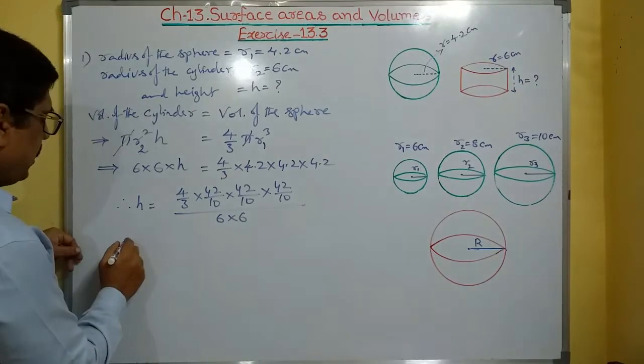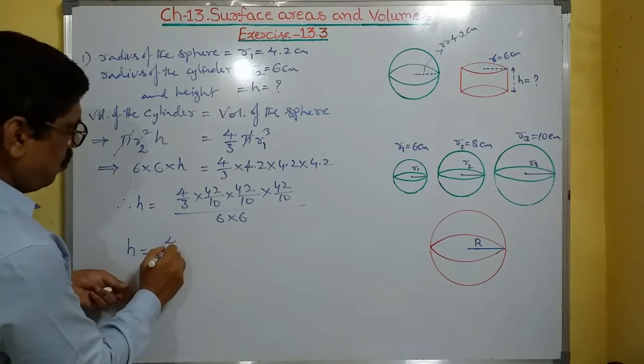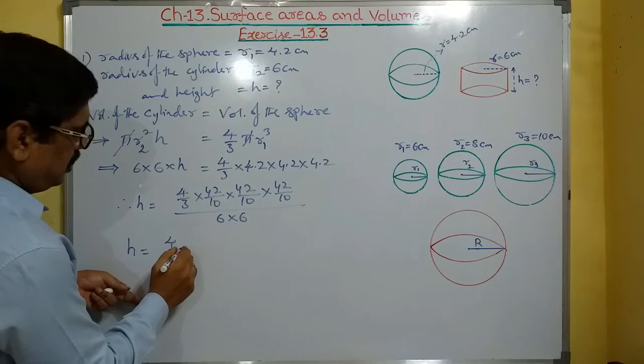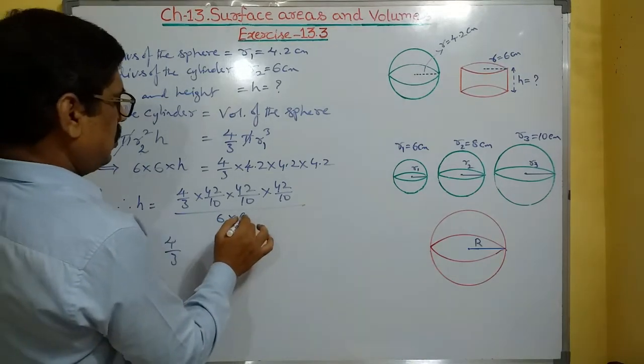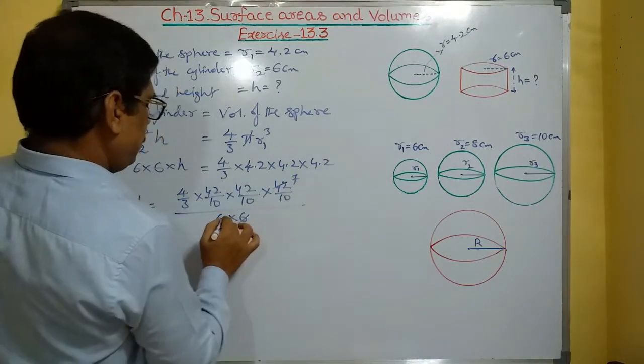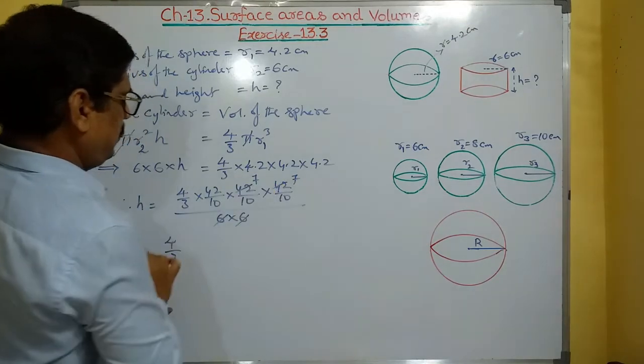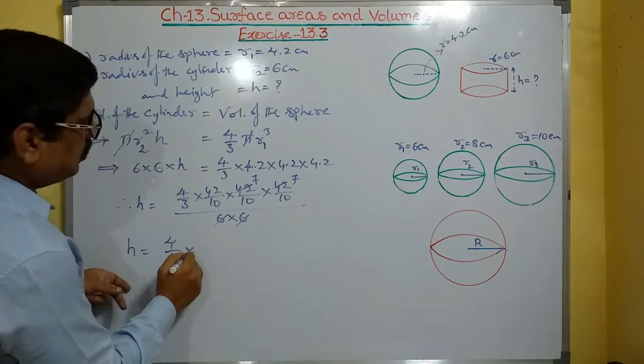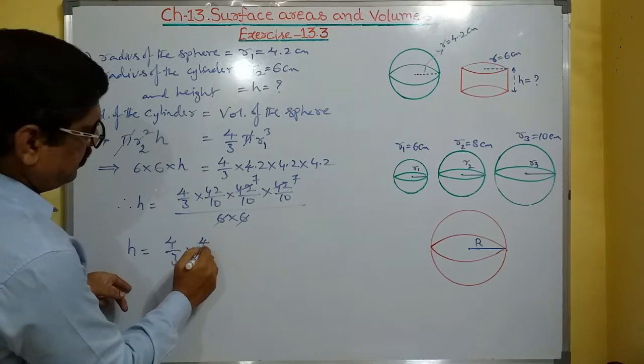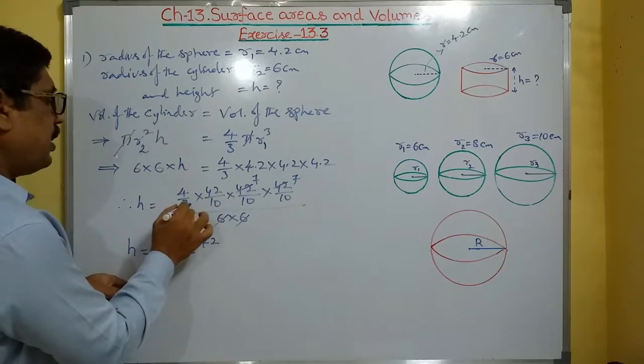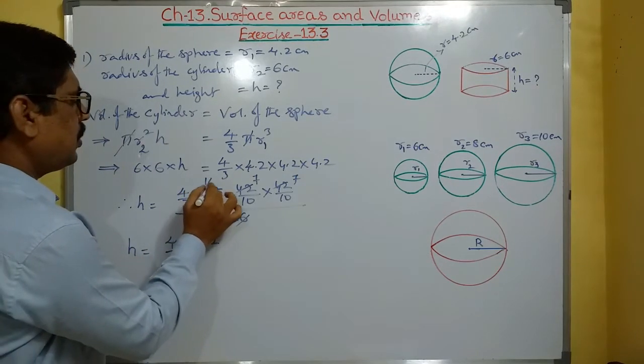Now, let us simplify this. Here, we can write H is equal to 4 by 3. So, let us simplify first. 6 7s are 42. 6 7s are 42. So, we get 4 by 3 into 42 by 10. And still, we can cancel 3 14s. Okay.